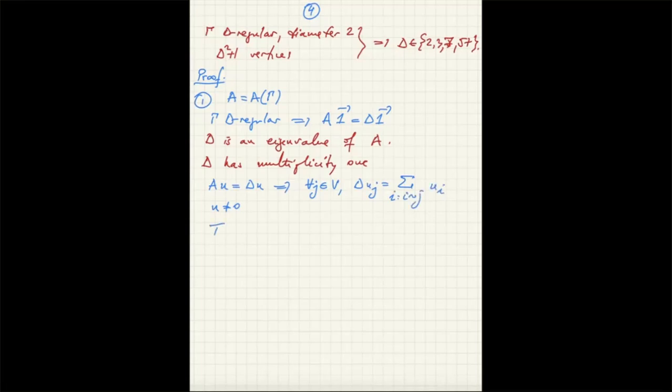Now, take J such that Uj is the maximum entry among all these eigenvector entries. We can always assume that this maximum is positive.